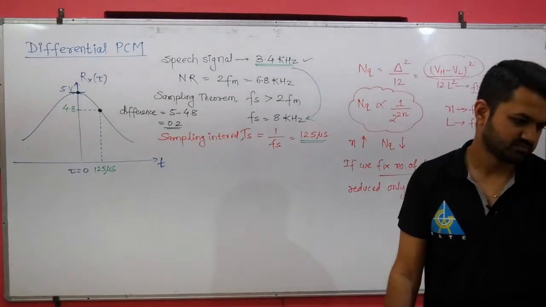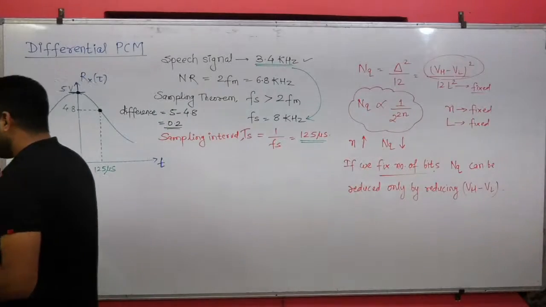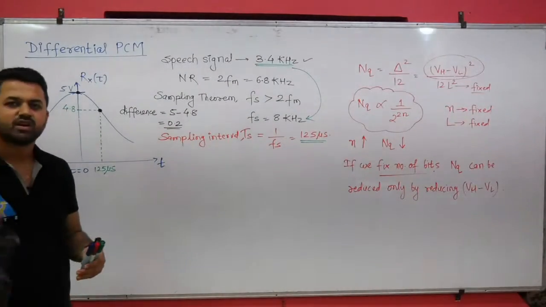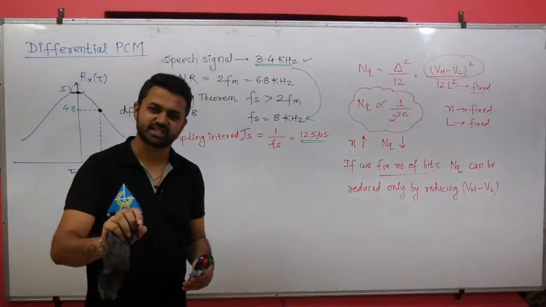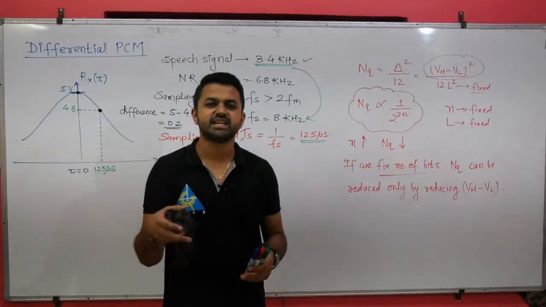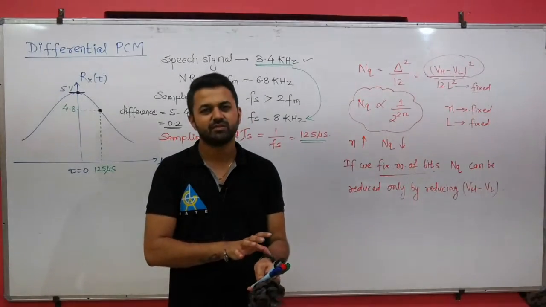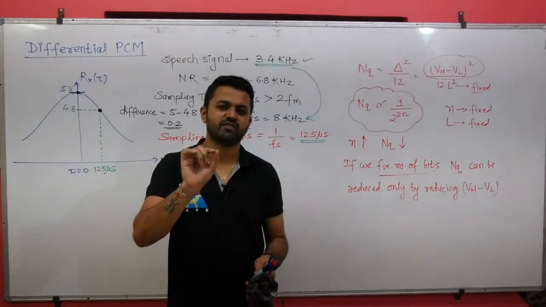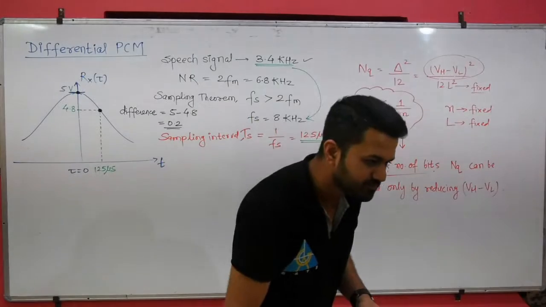Yes, step size decreases, but for given quantization levels. The number of quantization levels is fixed. If you decide the number of levels, say 16 or 256, that number will be fixed. The only change is in the amplitude of the signal, which is VH minus VL.